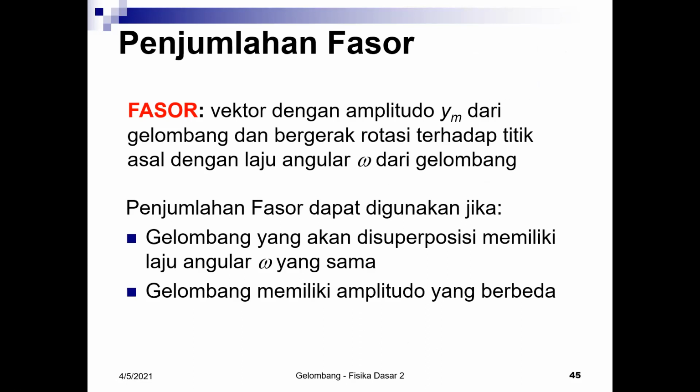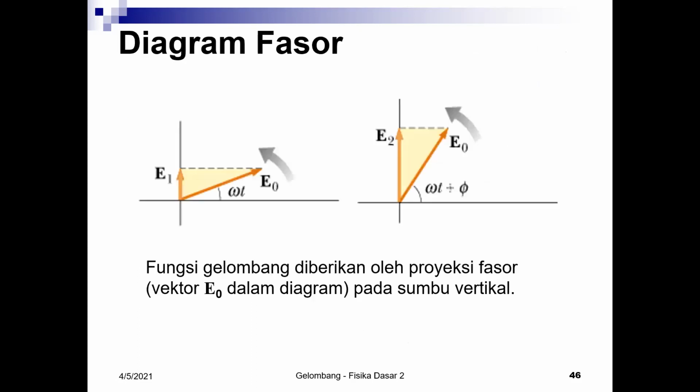So we have also discussed the phasor diagram. This A0 here is the maximum amplitude. E1 here is the wave function, with a phase omega t.